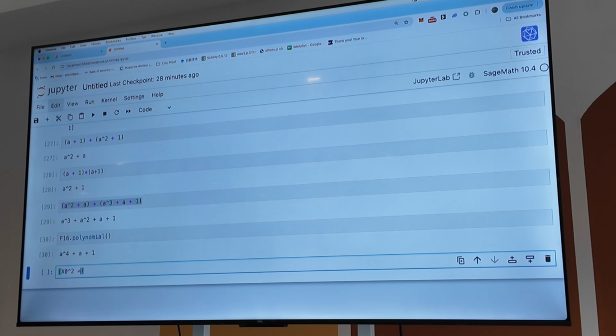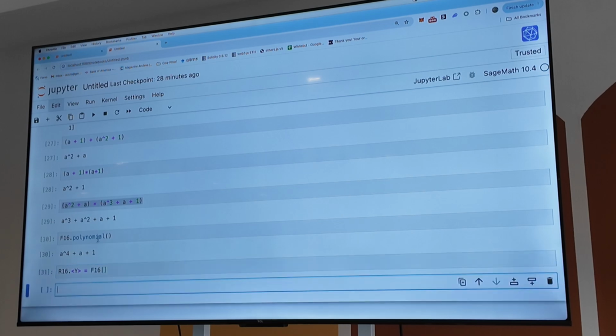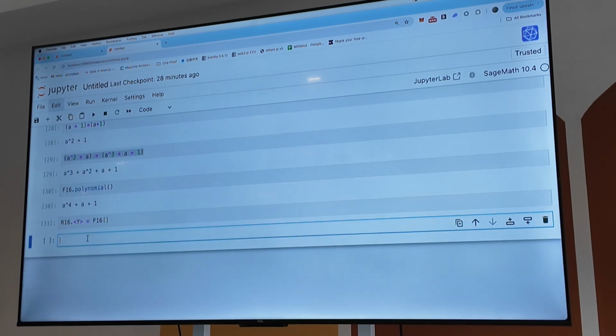I need to define another ring. Sorry. Y equals to F. Okay, then let me check.